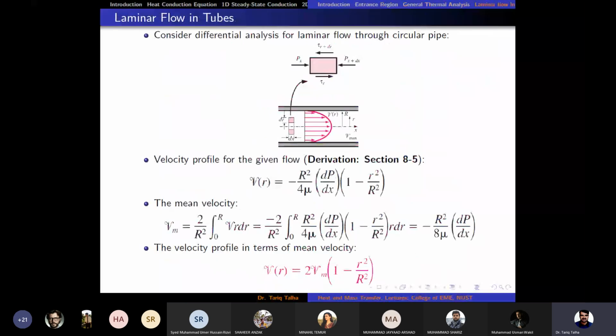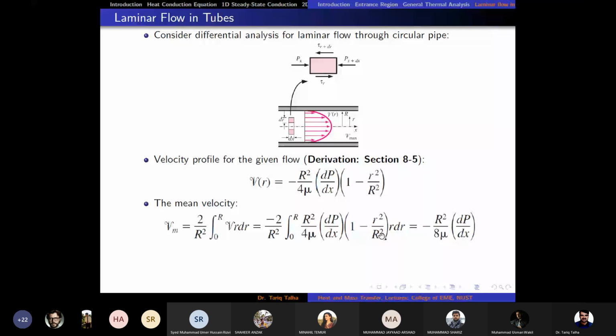So 2 upon R square, 0 to R, Vr dr. Instead of Vr, we just put this value here, R square upon 4 mu dp by dx. Here R is the internal radius of the pipe, a constant value, so this would come out. dp by dx for a given flow is also constant, so it would come out of the integration, and we are left with 1 minus r square upon capital R square into rdr.